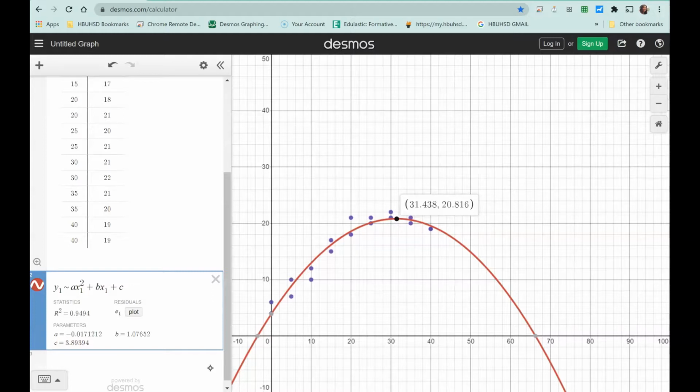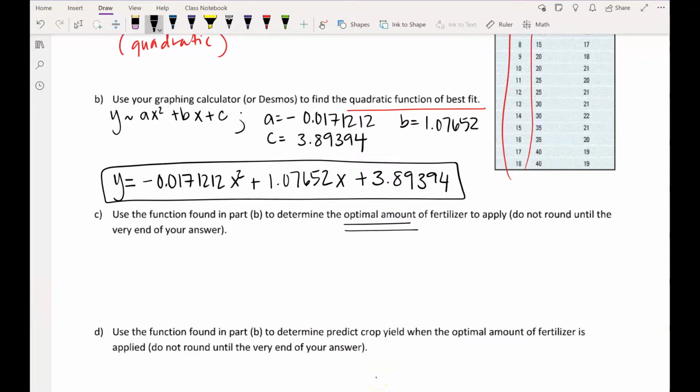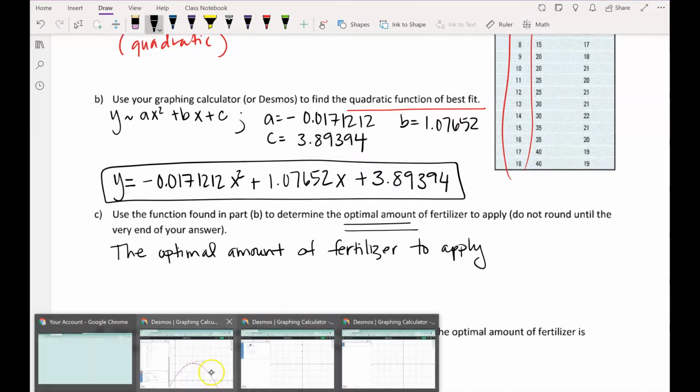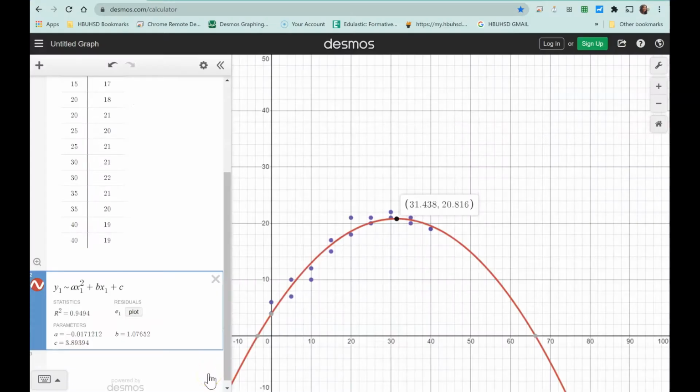So that's what we're going to go back and write. The optimal amount of fertilizer to apply. So now are you going to use the X value or the Y value? Hopefully you said X, right? And let's look at the X one more time. X is 31.438.